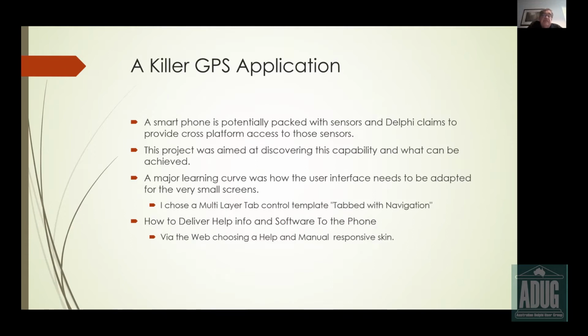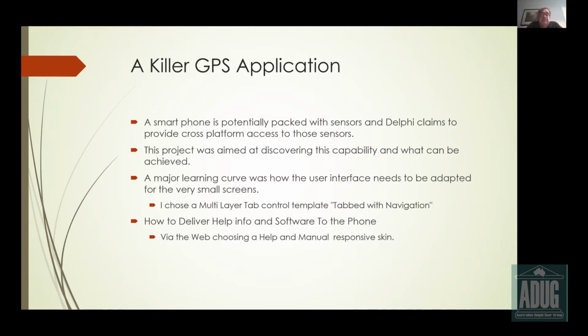The main aim of the project was to see what we could do with these sensors and learn to some extent how they were working. The first thing that I came across was, if you go right back to when FMX came out, I thought I'd work out how to put some of the VCL applications in FMX, and it was a total no-go because the actual form on the phone is so different.